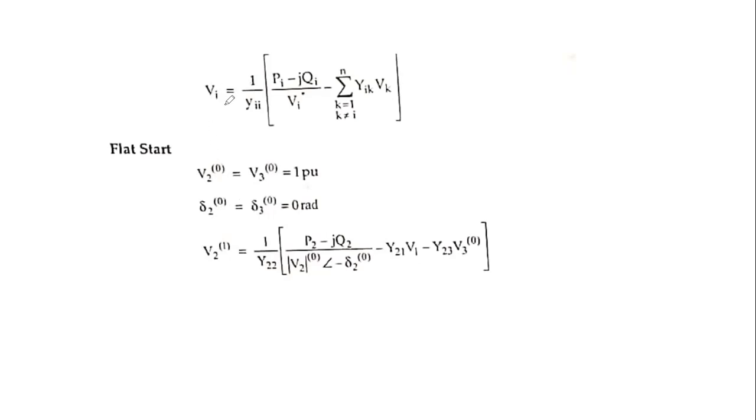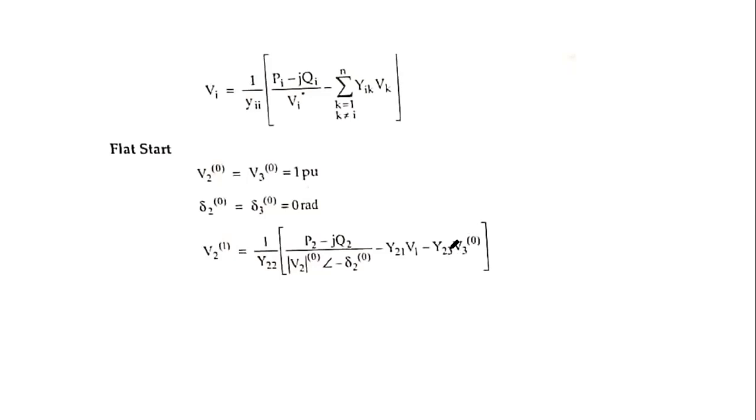Therefore, V2 is equal to 1 by Y22 into P2 minus jQ2 by V2 conjugate, where V2 is V2 of 0 at an angle of delta 2 of 0, and delta 2 of 0 is also 0 radians, minus sigma Yik Vk, Y21 V1 minus Y23 V3 of 0.